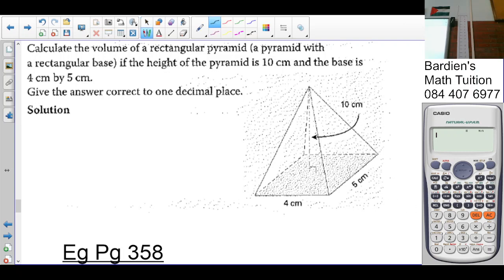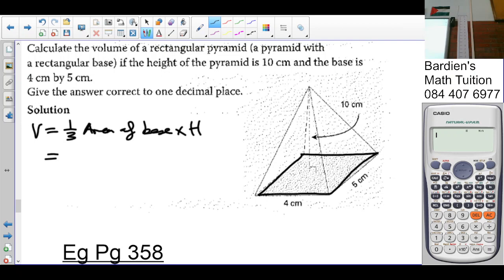So how do you calculate the volume? It's going to be a third area of base times height. What type of shape is this base? Rectangular base. Can you see that?